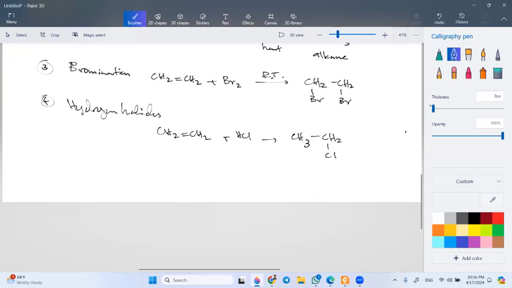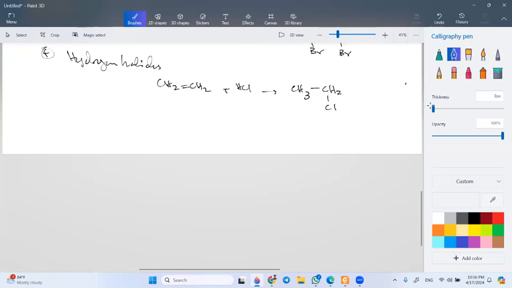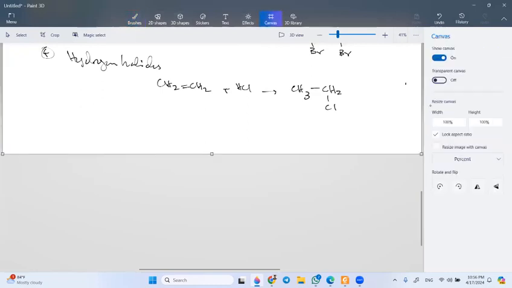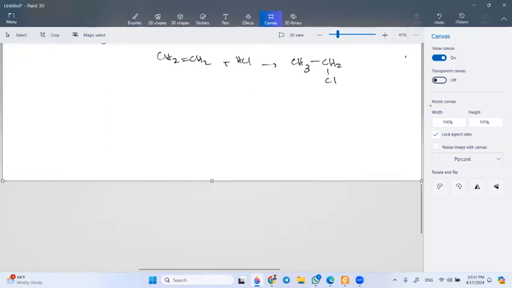And there's an important thing over here, children. When it comes to the symmetrical molecule, symmetrical means the molecule is actually above the double bond, it's symmetrical.